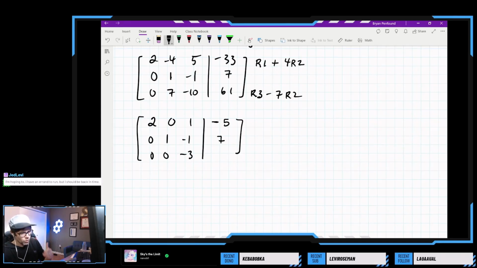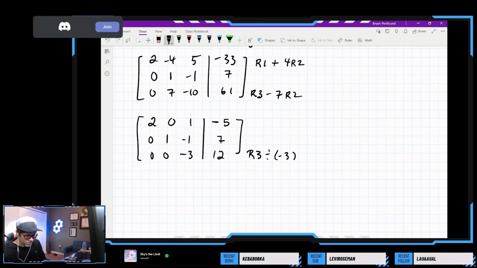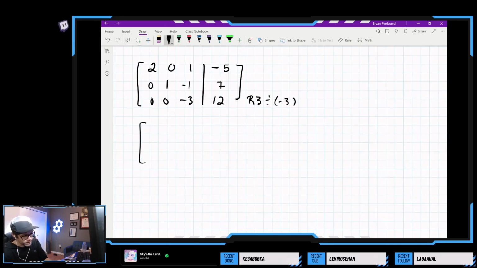And then 61 minus 49. Okay, so we still get something really nice here in row 3. I can still divide by an integer number, and we are going to get our final leading one, our third column leading one here.